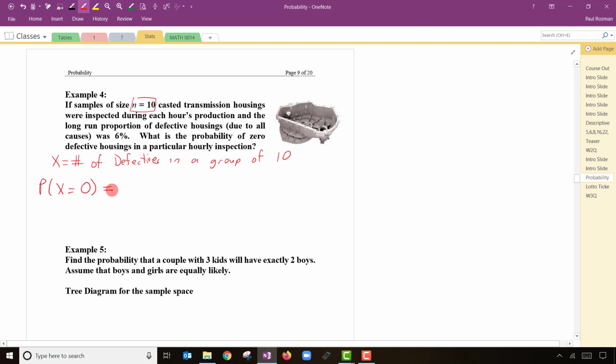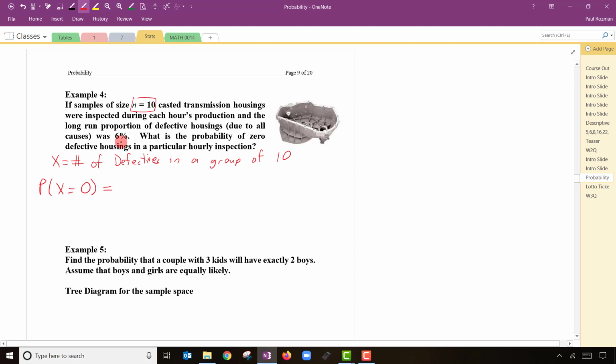Well, in that case I could say not defective, not defective, not defective, not defective. I need them all to not be defective, otherwise known as good. They give us a probability in here that over time they know that the defective ones occur at a rate of 6%.